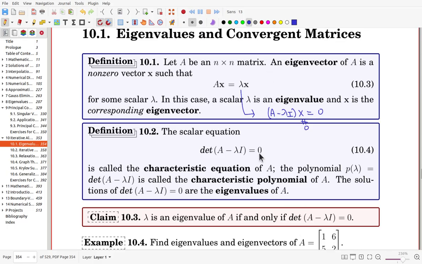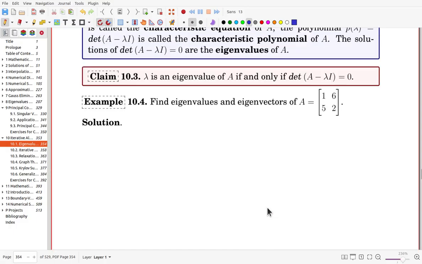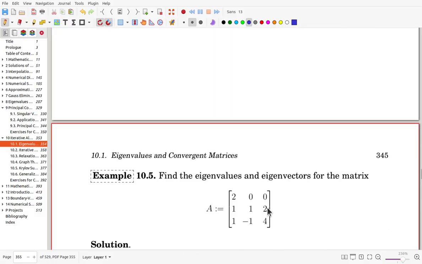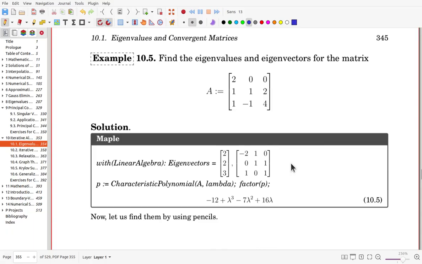These are the basic definition and claim. You may try to solve this problem yourself. Okay, now we have one more example. Find the eigenvalues and eigenvectors for the matrix. Now we can use the built-in function. For example, in Maple, by using the LinearAlgebra package, we can find the eigenvalues and eigenvectors quite easily.